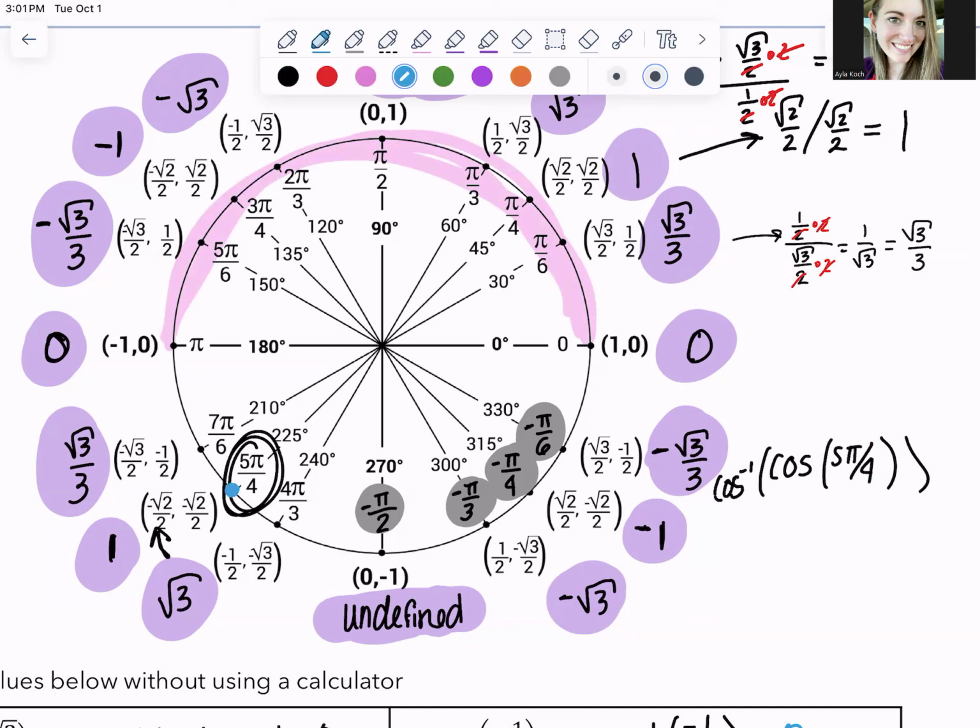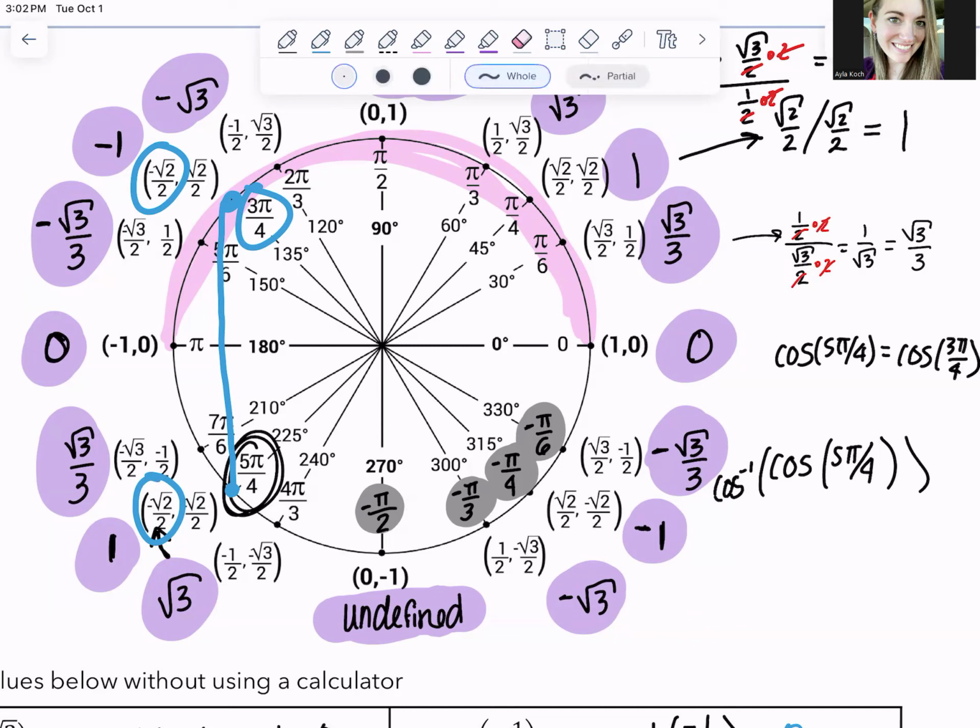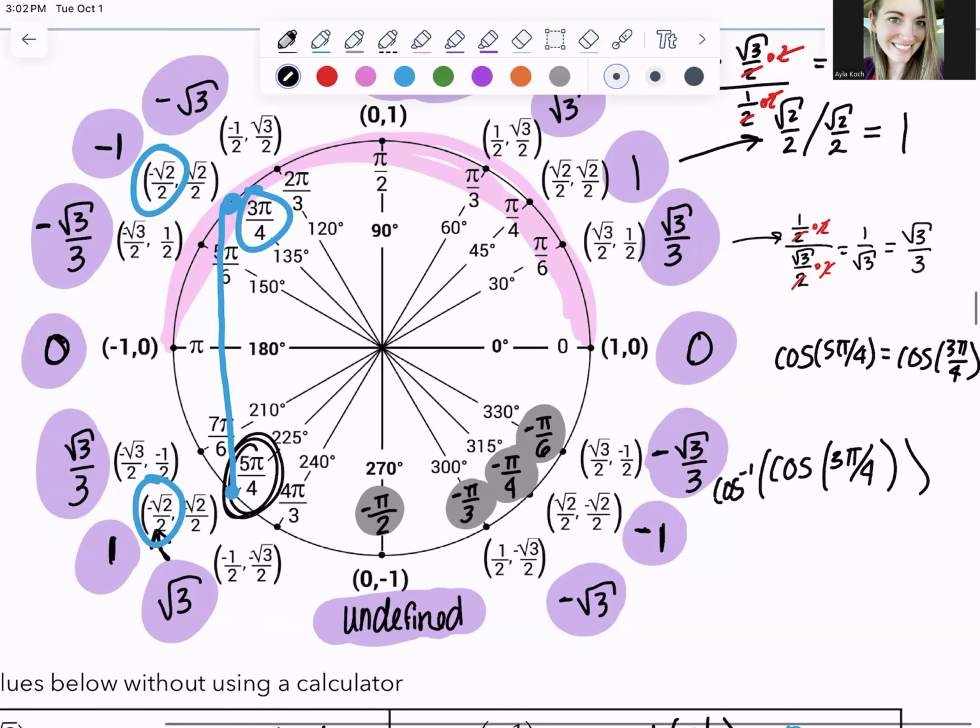So I would look for the place where this x value is repeated, but still in the right range. The other pi over 4 angle where the x value is the same is 3 pi over 4. So cosine of 5 pi over 4 is equal to cosine of 3 pi over 4, which means I could put 3 pi over 4 there, and they cancel. The answer is 3 pi over 4.